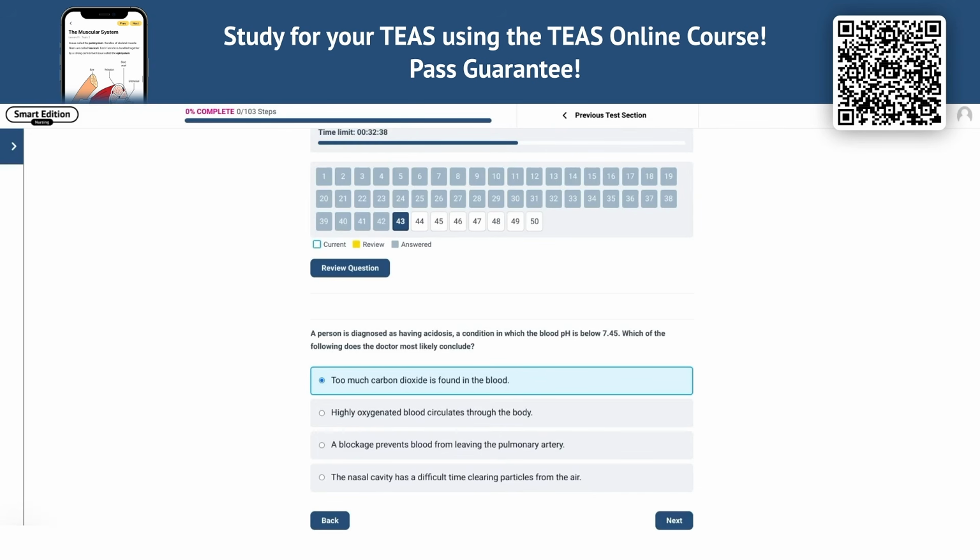A blockage in the pulmonary artery is actually called a pulmonary embolism, and that would affect blood flow and oxygen level, but it would not cause acidosis. And then the nasal cavity has a difficult time clearing particles from the air. This one is more so related to a respiratory issue, but it wouldn't explain acidosis.